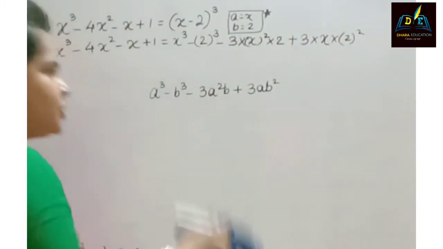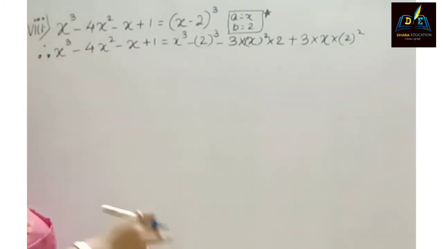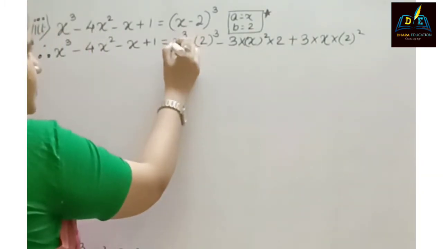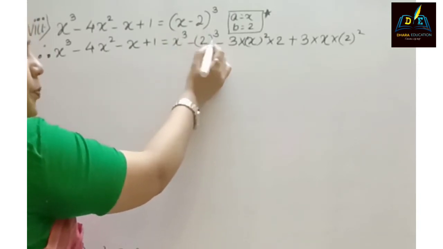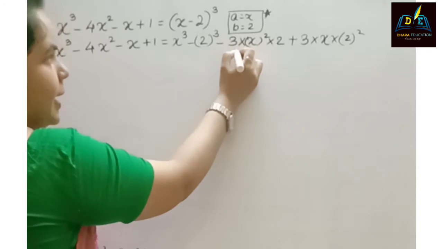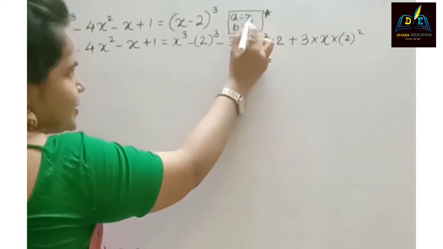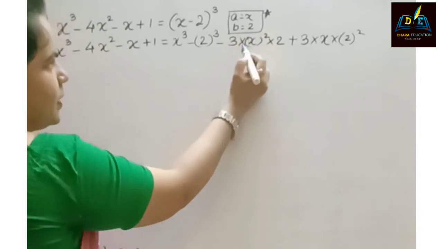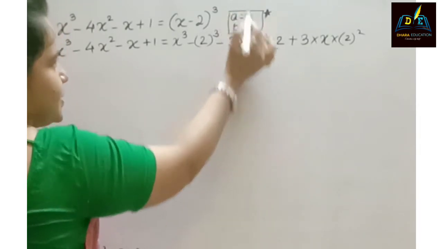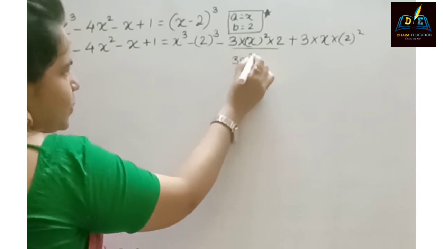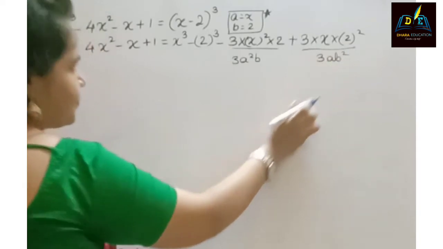So here you need to understand one more thing. I am making you all understand once more, that is x cube minus 2 the whole cube minus 3ab is there. So instead of ab, as I told you that a is equal to x and b is equal to 2, we have just substituted the values over here, that is 3a square b and here 3ab square.